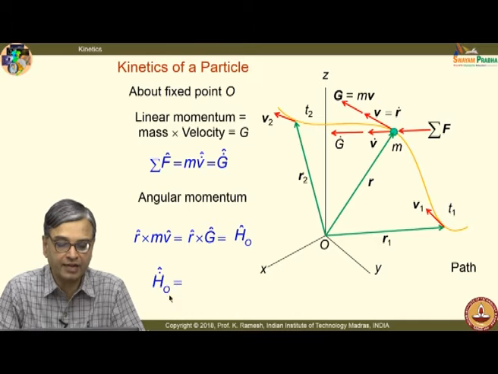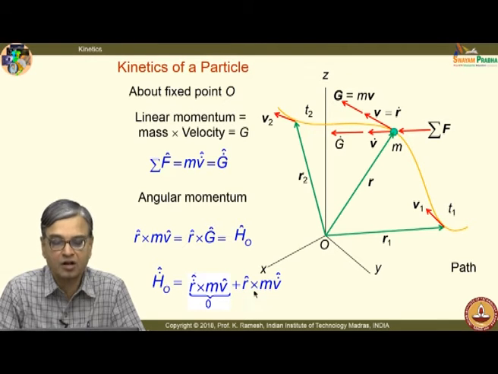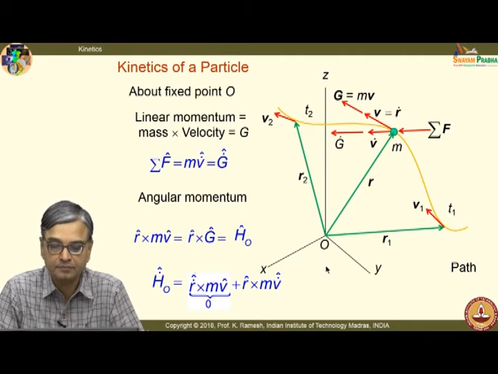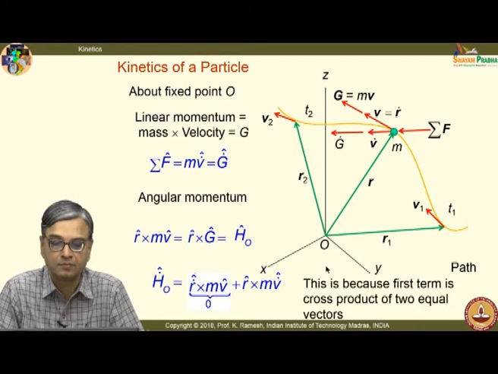And I can also look at the rate of change of angular momentum. So, I can expand this and write it as r dot cross mv plus r cross m v dot, and you know very well this first term goes to 0. So, I have H dot O as r cross m v dot. From simple mathematics, you will know that the first term is the cross product of two equal vectors, which goes to 0.